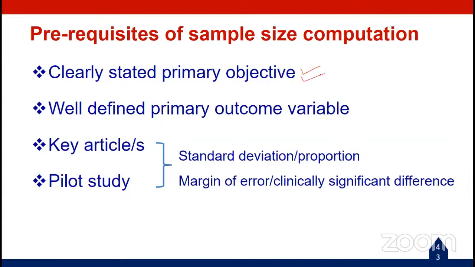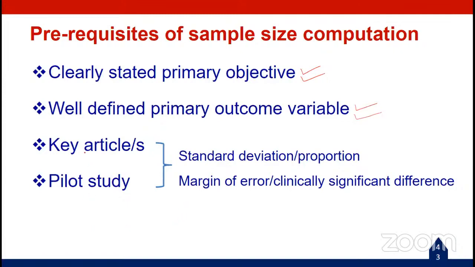That is, your research question and your primary objective should be clearly stated. And your primary outcome variable should be well defined, whether it is continuous or categorical, what is the unit, whether it will be normally distributed or more likely skewed. So you need to have some prior knowledge or prior idea of this.